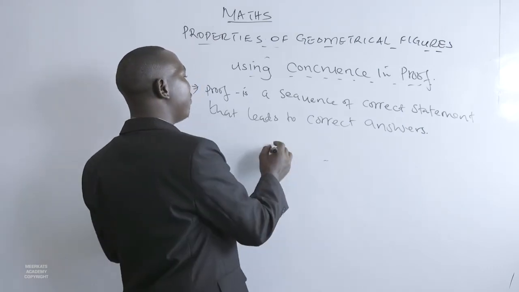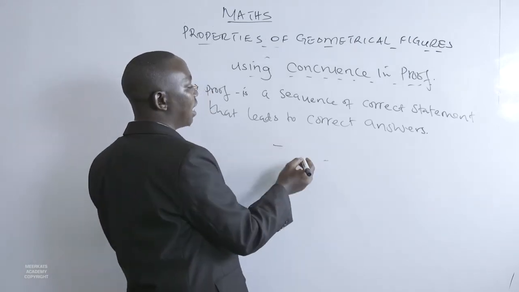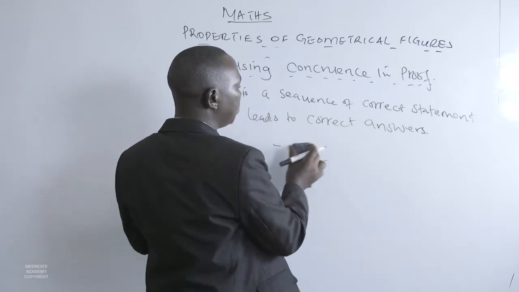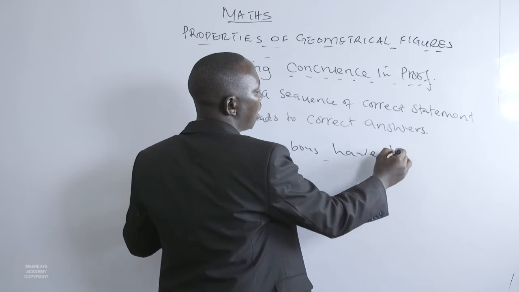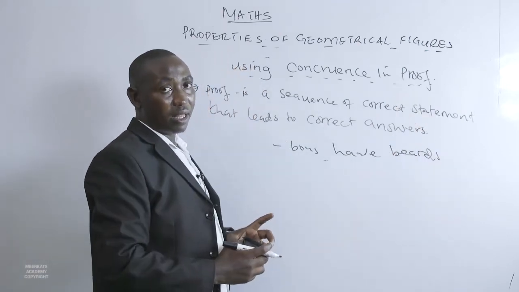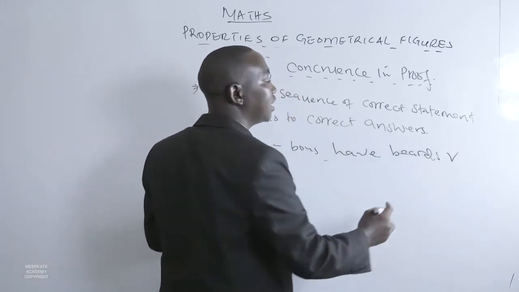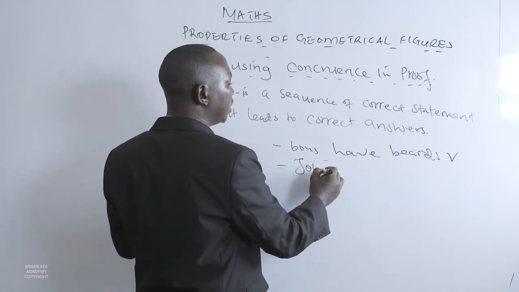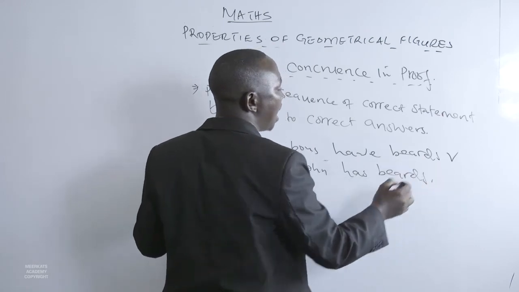So if we give a statement and say that boys have beards, that is scientifically correct. It's a correct statement. Then we say that John has beards.